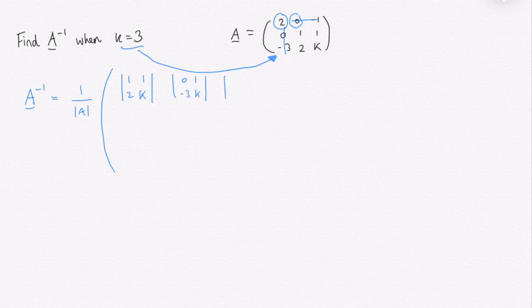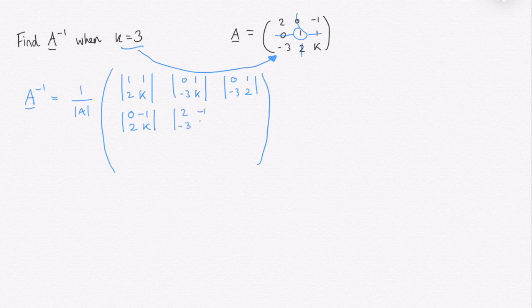And our third cofactor comes from the element negative 1 here, so that is 0, 1, minus 3, 2. Okay, the second row, if we take our element 0 here, we have the cofactor 0, negative 1, 2k. If we take our 1 here, we have the determinant of 2, negative 1, negative 3k.